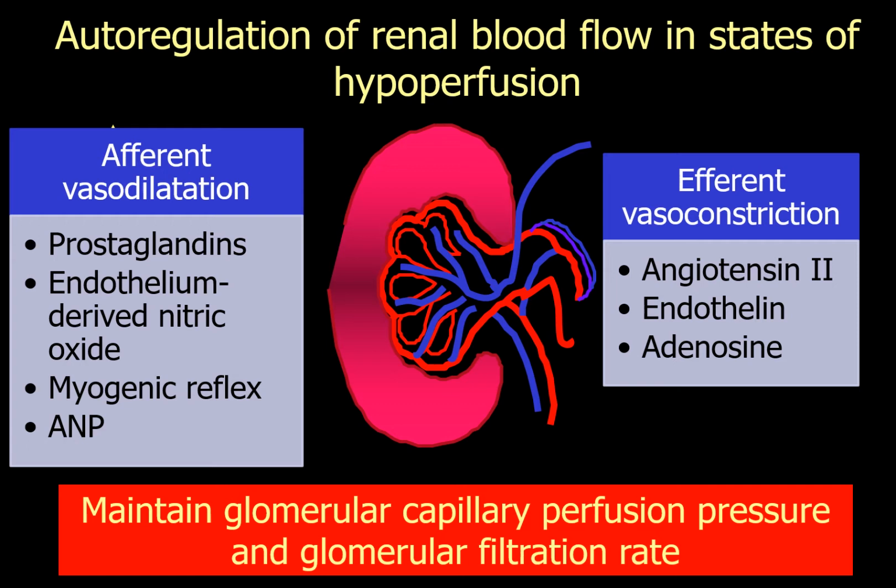So what the kidney does, there are several renal compensatory mechanisms that attempt to maintain GFR in patients with decreased renal perfusion. The most effective of these renal compensatory mechanisms involve the intrarenal generation of vasodilatory prostaglandins. So if you give NSAIDs, this will inhibit the response and can therefore precipitate AKI even when following appropriate dosing.